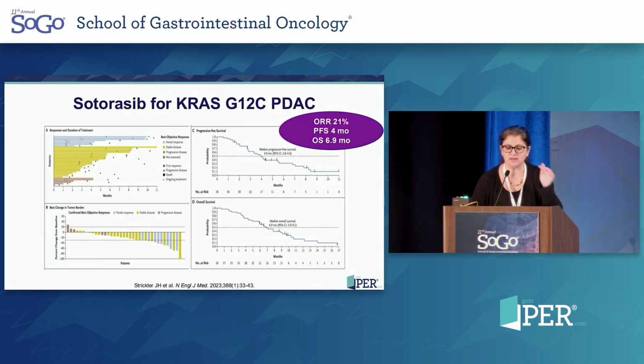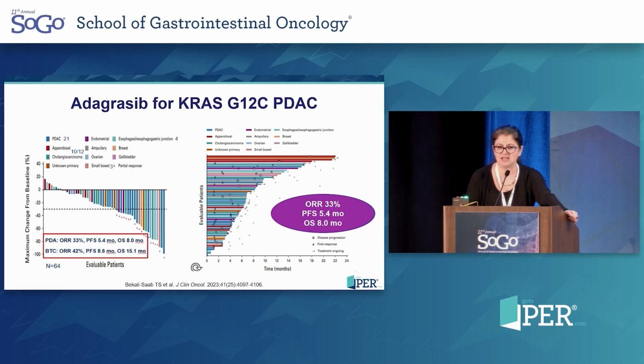We can start with some G12C inhibitors because they were first on the block, and this is data from sotorasib in KRAS G12C mutated pancreas cancer, pre-treated, response rates of 20%, median survival of about 7 months, by John Strickler et al. Tony presented data with adagrasib in many solid tumors, including pancreatic cancer patients, looking a little bit better than sotorasib with response rates for pre-treated pancreas cancer about 30%, and an OS of about 8 months.